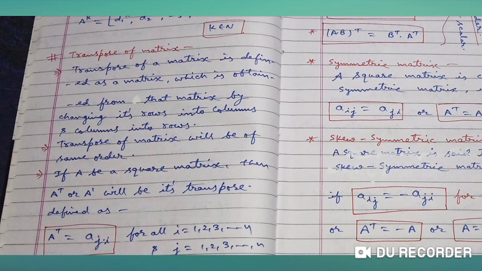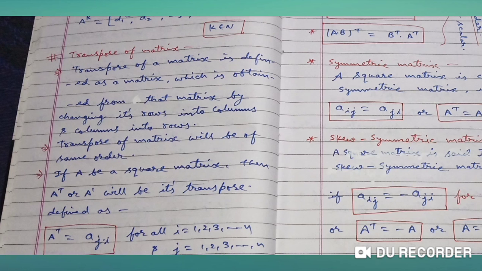So for obtaining the transpose of a given matrix, what is the transpose of a matrix? As we have seen in previous episodes, when we add two matrices we get a matrix, when we subtract two matrices we get a matrix again, and when we multiply two matrices we get a matrix again.